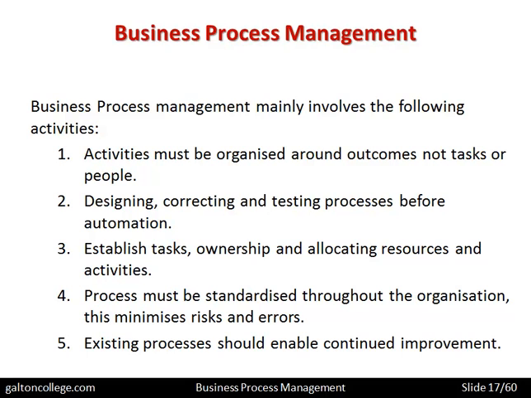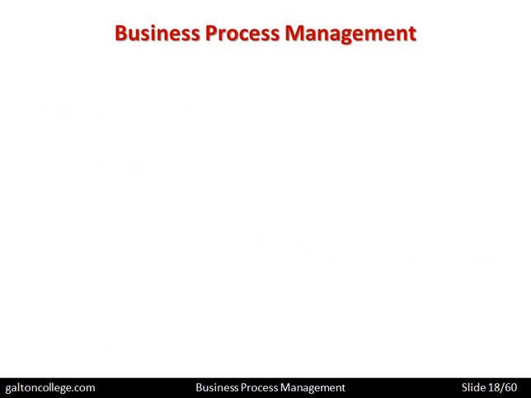So it's looking at the processes to enable continued improvement, but it's looking at the processes critically to ensure that at all times the whole system is under review, and at all times intervention points may be identified for improvement.